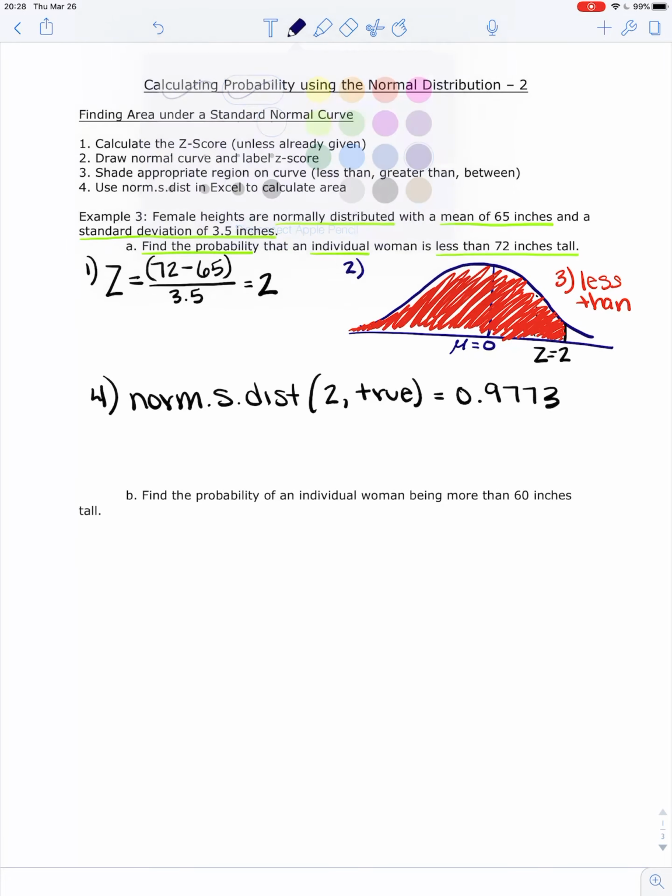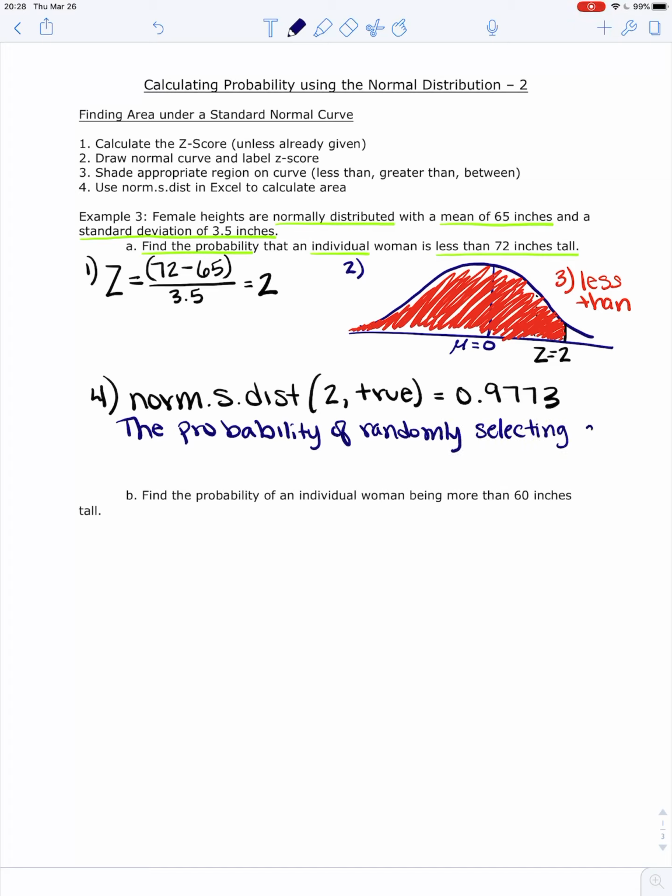This means the probability of randomly selecting a woman that is less than 72 inches is 0.9773.